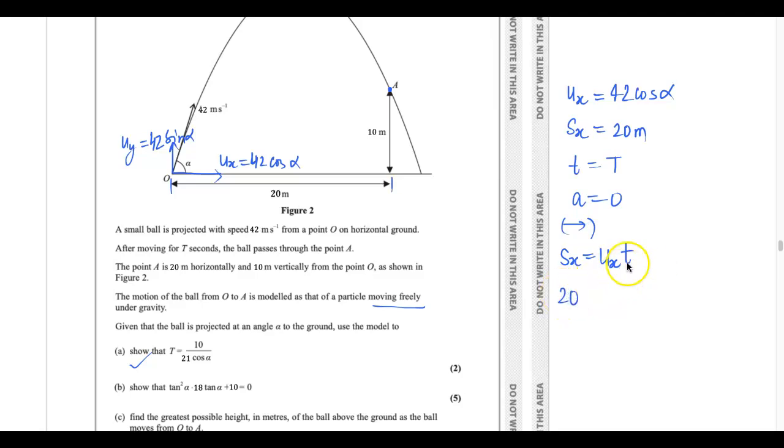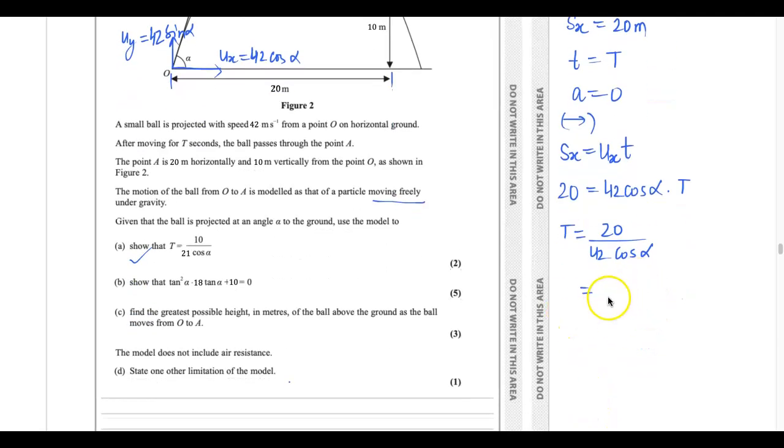Everything we're discussing is with respect to horizontal movement, which is equal to 42 cos alpha times t. So t is going to be 20 over 42 cos alpha. If we simplify it, we're going to get 10 over 21 cos alpha. So this is what we were supposed to prove. So we've got our 2 marks.